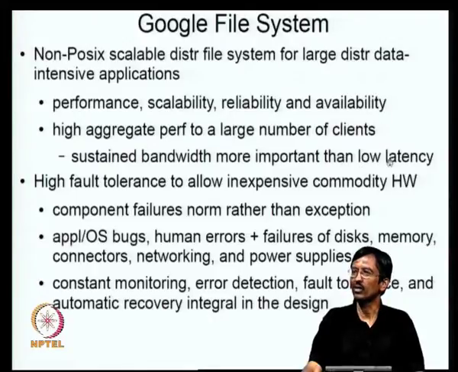Low latency is also important, but the critical thing they have tried to do is to have a sustained bandwidth from the file system. The low latency is handled through some of the mechanisms. Okay. For example, by using certain parts of the system to operate from memory, to replicate various other things.